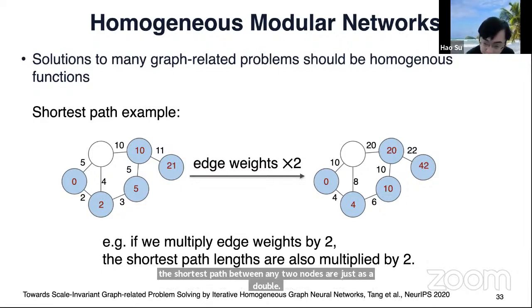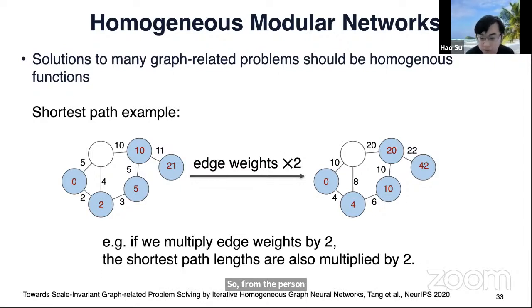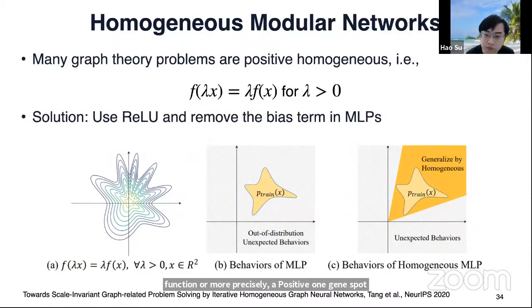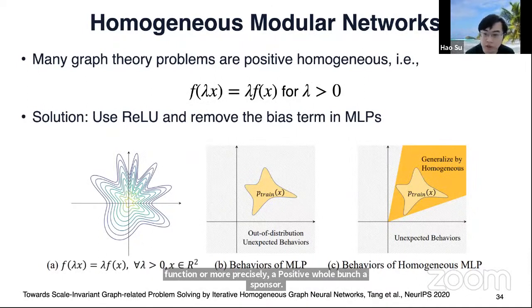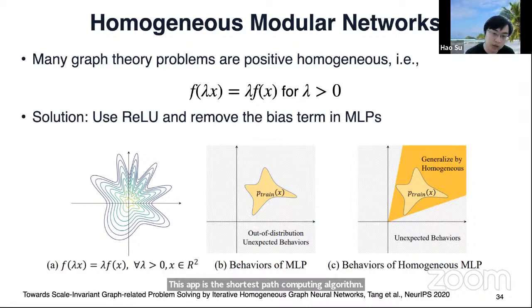So from the perspective that we are learning a function to compute the shortest path given a graph as input, this function is a homogeneous function, or more precisely, a positive homogeneous function. This f is the shortest path computing algorithm, and f(λx), where x is the weights on the graph, equals λ times f(x).